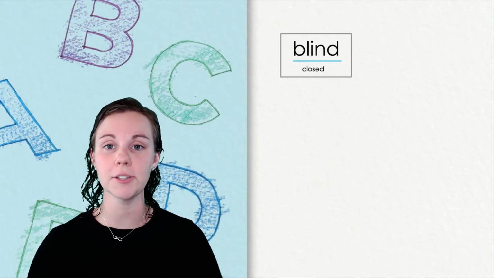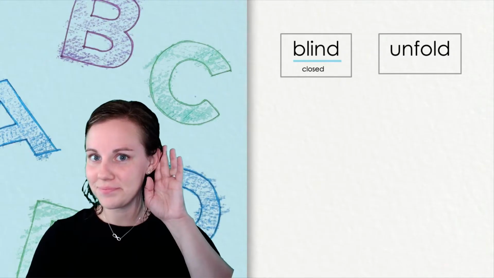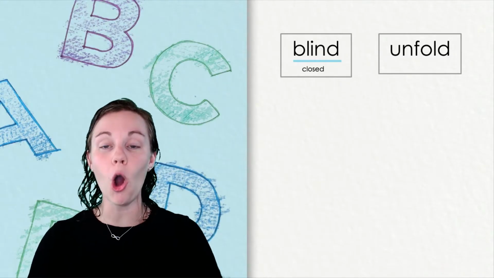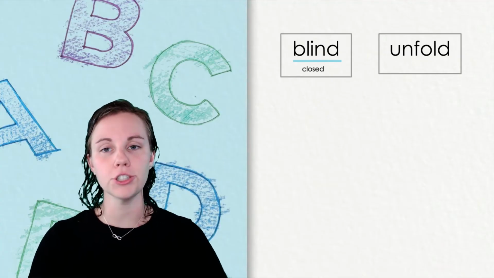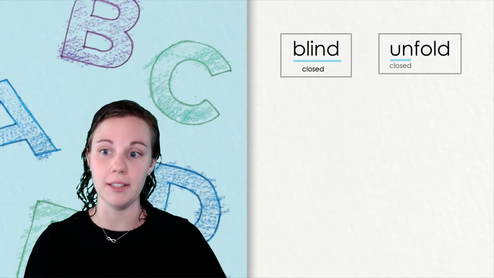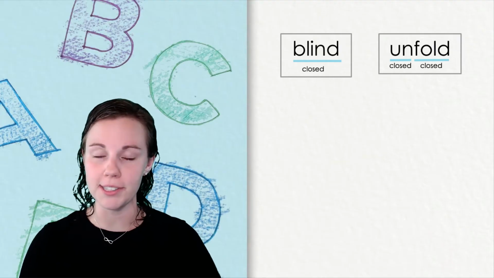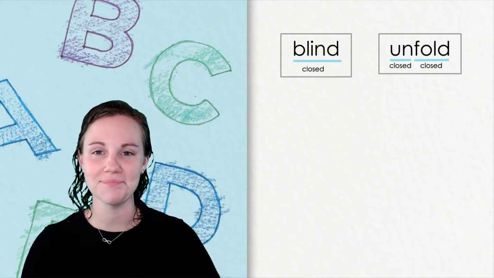Let's take a look at another word. What does this one say? Unfold. We can hear that old sound coming at the end of the word, but I heard 2 syllables. Un, which is a closed syllable, and fold, which is also a closed syllable, but making that long vowel exception.